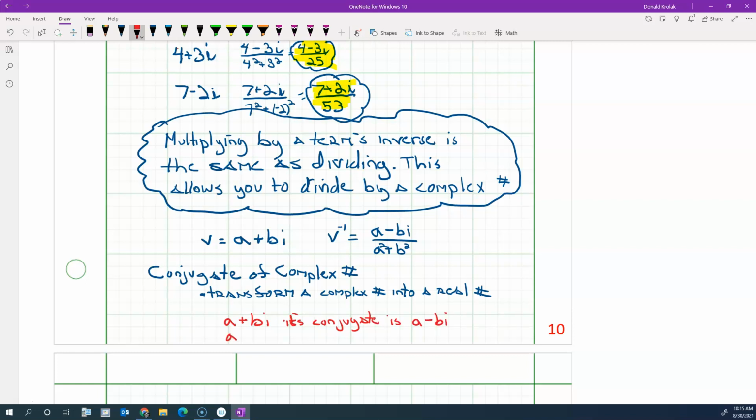And if you had a term A minus BI, its conjugate is going to be A plus BI.